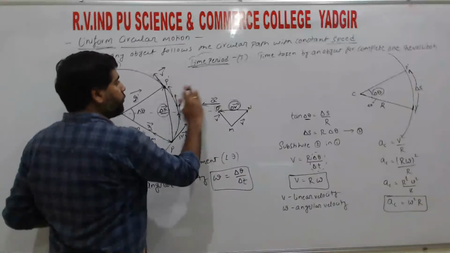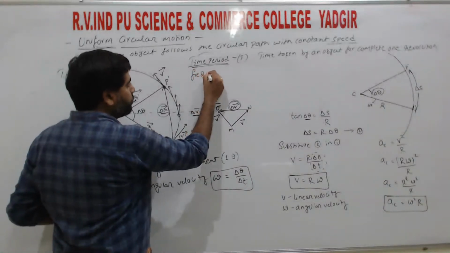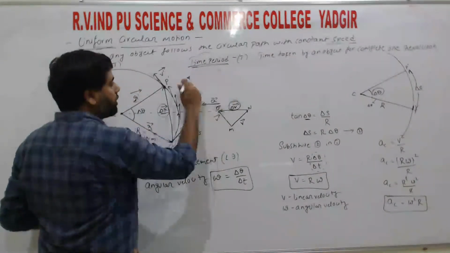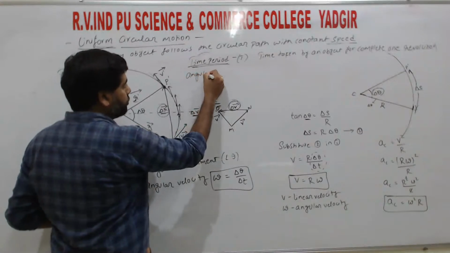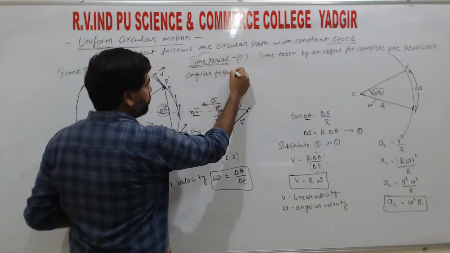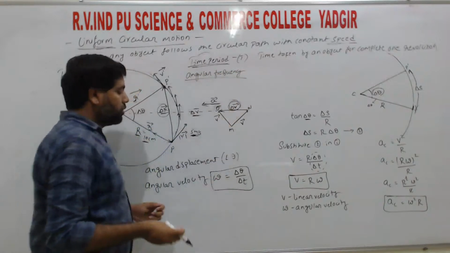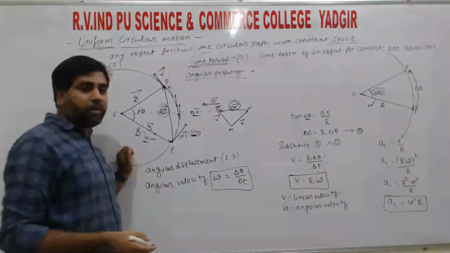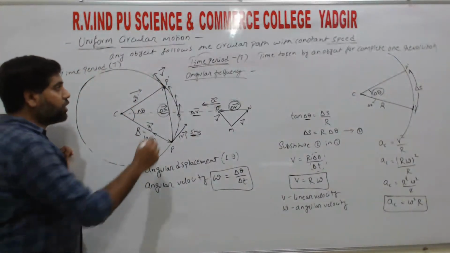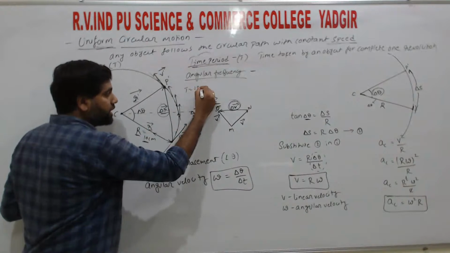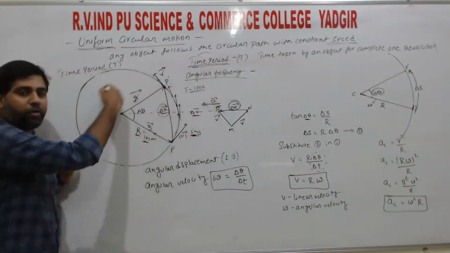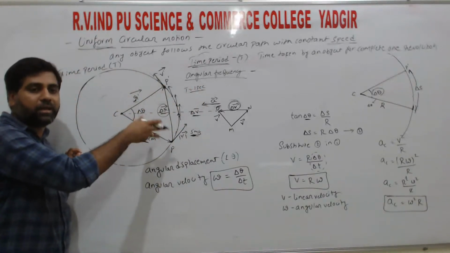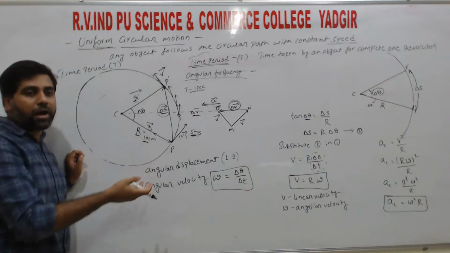So next one is the frequency, or we call this here the angular frequency, right? Frequency is nothing but the number of revolutions taken in 1 second. That means for time t equals 1 second, how many revolutions the object will complete, either 10, 20, or 100 revolutions.